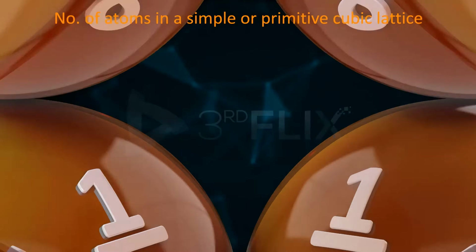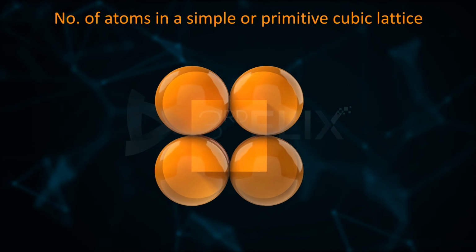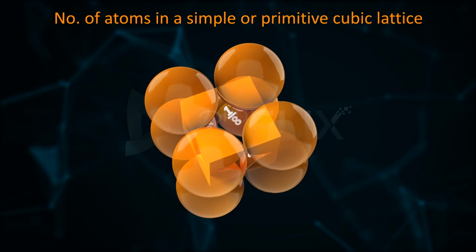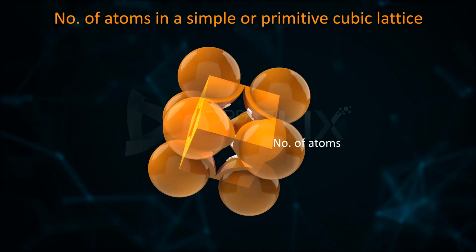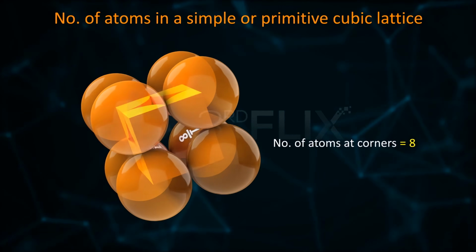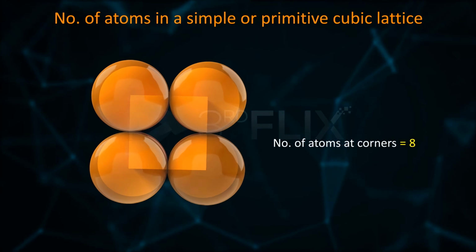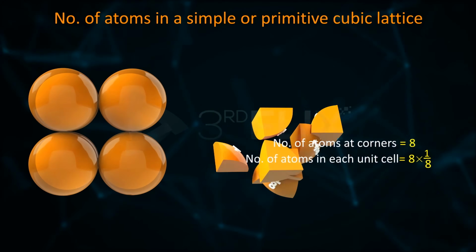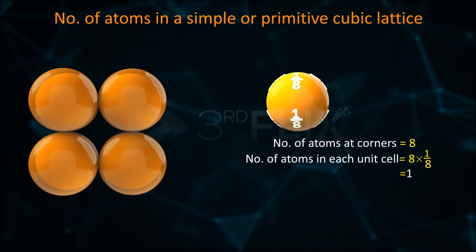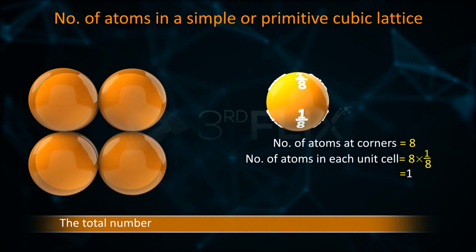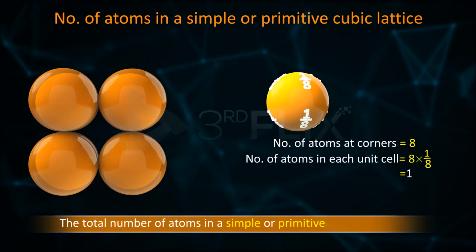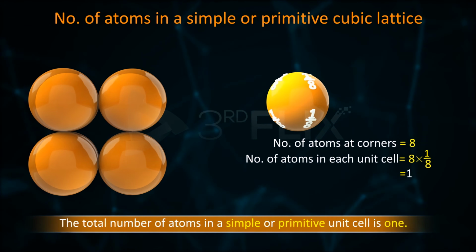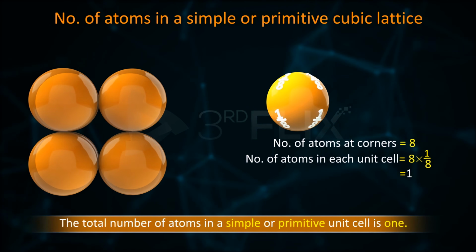So, as there are 8 atoms at the 8 corners, the number of atoms in each unit cell is equal to 8 corner atoms multiplied by 1/8 of an atom per unit cell, which is equal to 1. Therefore, the total number of atoms in a simple or primitive unit cell is 1.